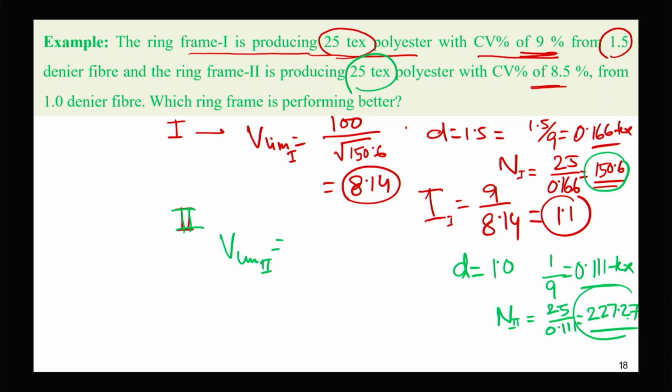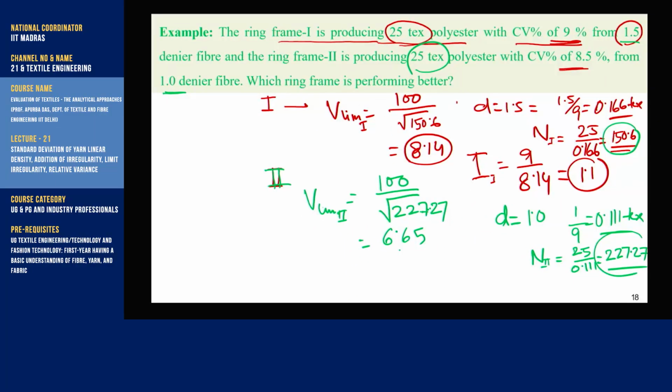This is mainly due to the reduction in fiber depth. So as number of fibers have increased, limit irregularity will be 100 by under root 227.27, it will be 6.63.